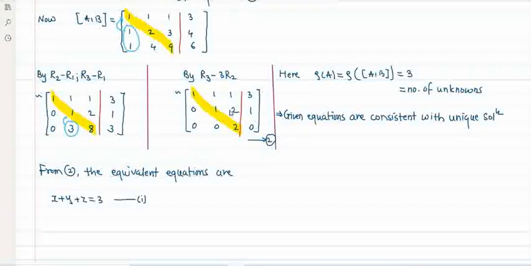Second one, y plus 2z equal to 1, equation 2. Third one, 2z equal to 0, equation 3.